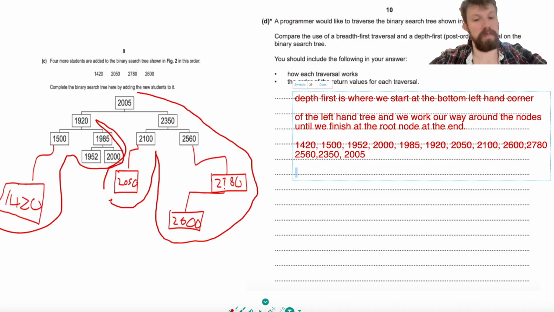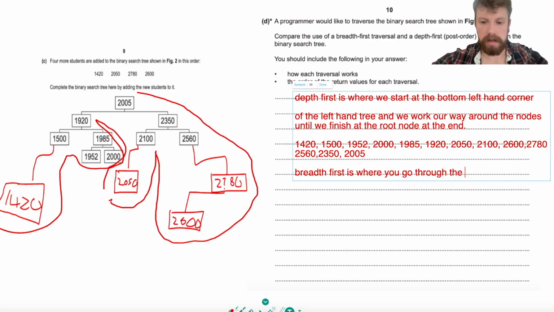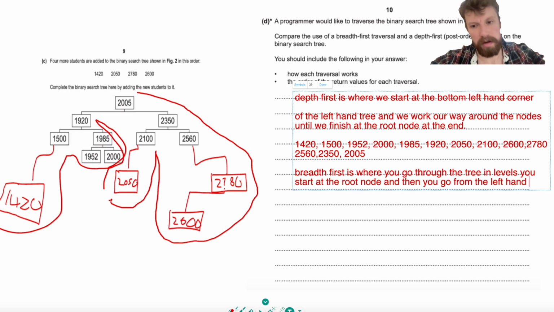Now breadth first, I generally think, is a bit easier to understand. Breadth first is where you go through the tree in levels. You start at the root node, and then you go from the left hand side of the tree and work your way across.